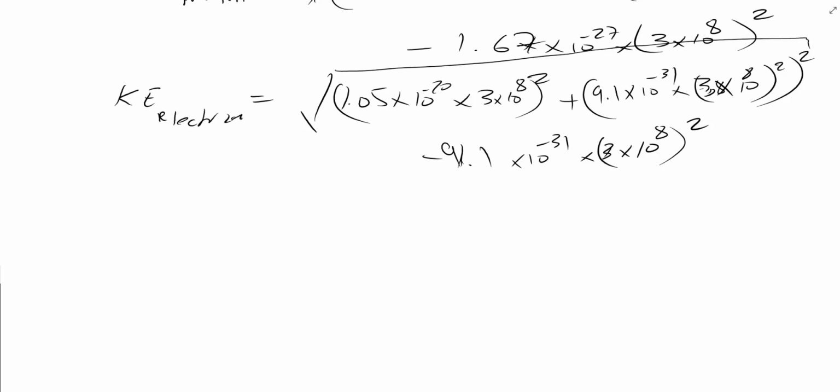The whole thing is squared, plus the mass of the proton, 1.67 times 10 to the negative 27, times the speed of light squared, 3 times 10 to the power 8, squared first, and then the whole thing is squared.